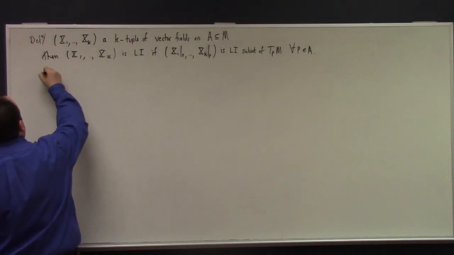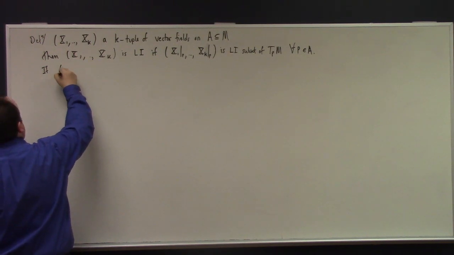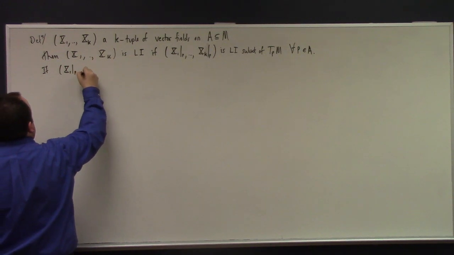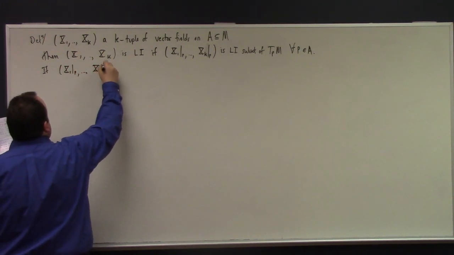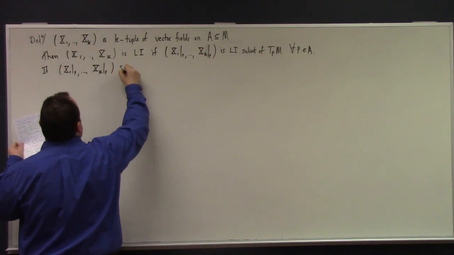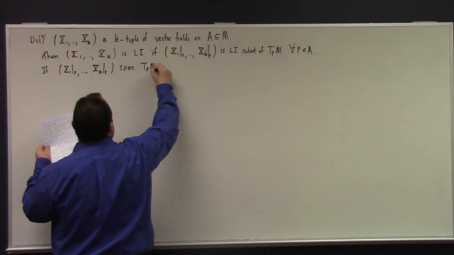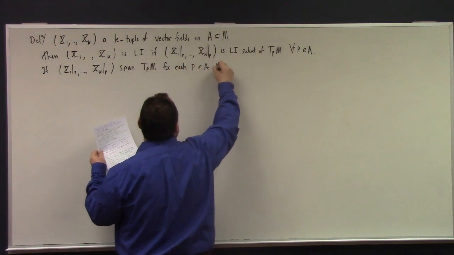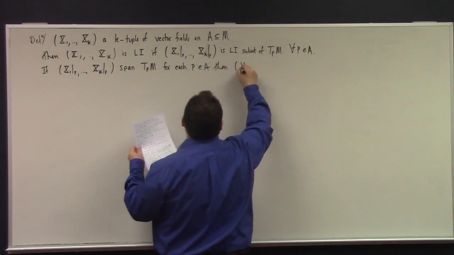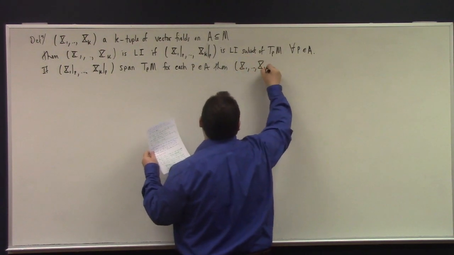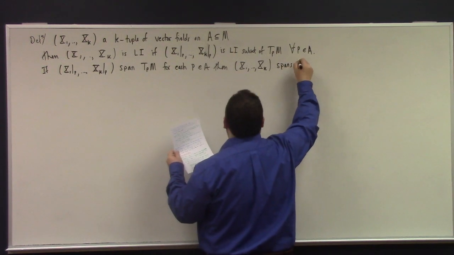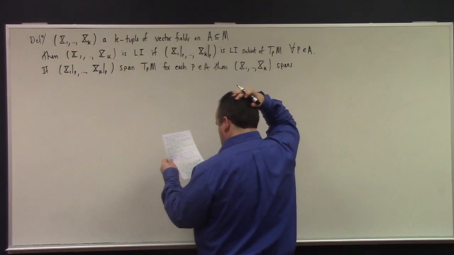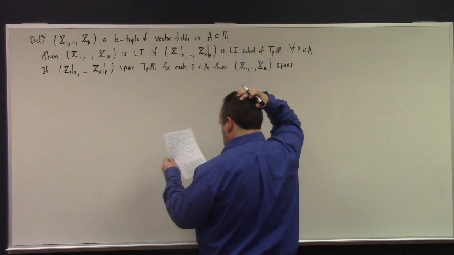And if X1|p through Xk|p span T_pM for each p in A, then this k-tuple spans, how to say that?